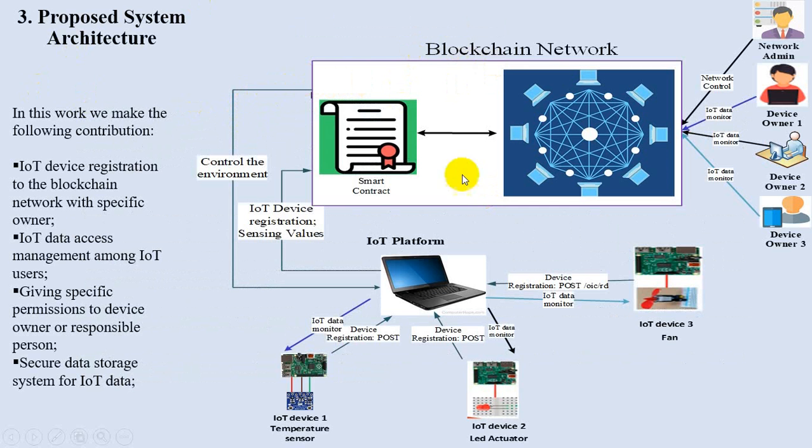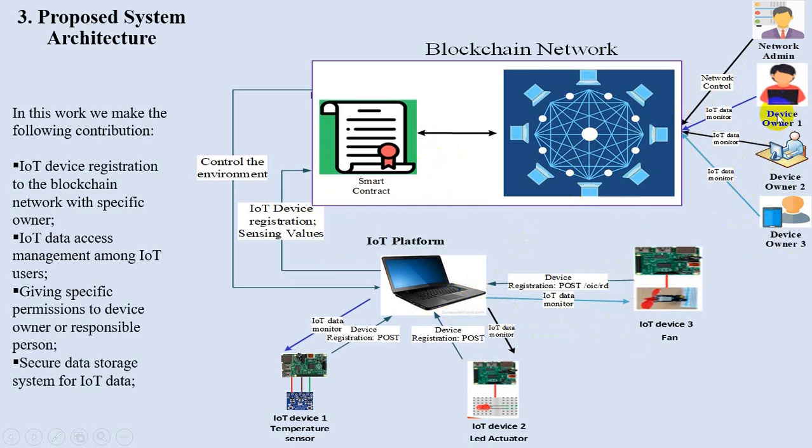As you can see, we have blockchain technologies and device owners: the network admin, device owner 1, device owner 2, and device owner 3. And we have the IoT platform, which provides communication between IoT devices. The network admin can register the IoT device owners, and each device owner can control their own specific devices.